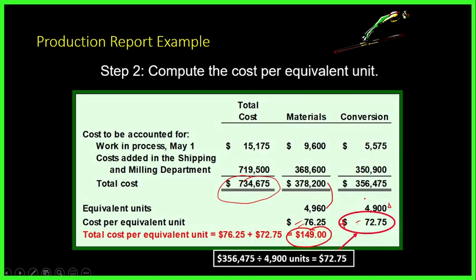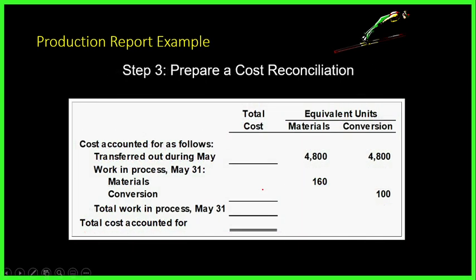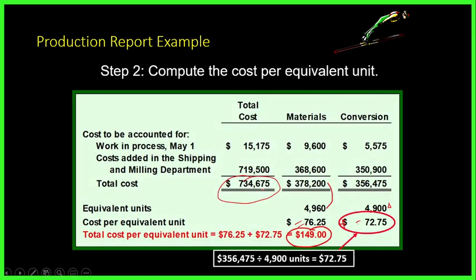Now the total cost to be accounted for should be equal to the cost as accounted for. Where does that go? Okay, so if you were able to complete 4,800 this period, add the work in process at the end, which is 160 and 100. Where do the 160 and 100 come from?